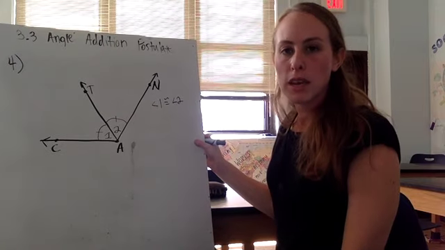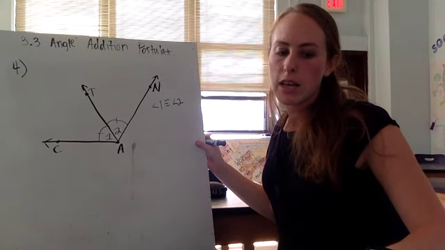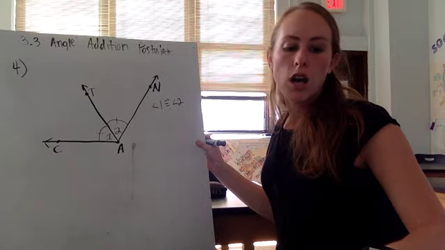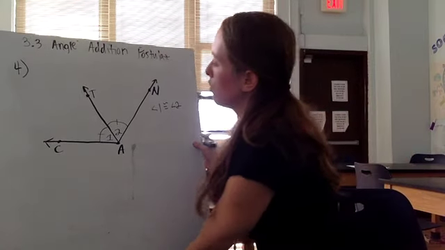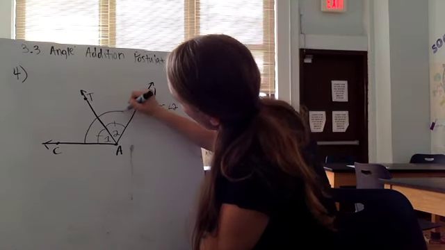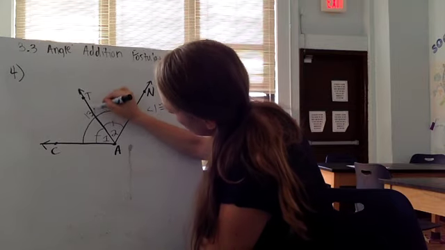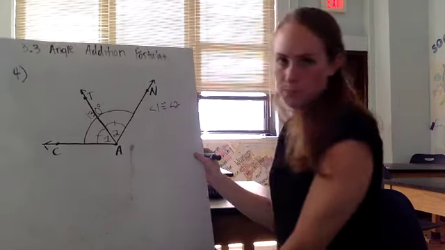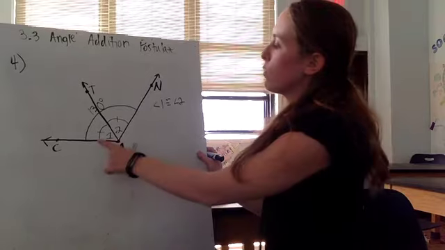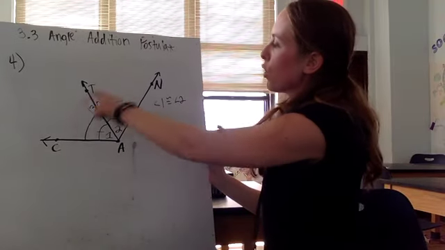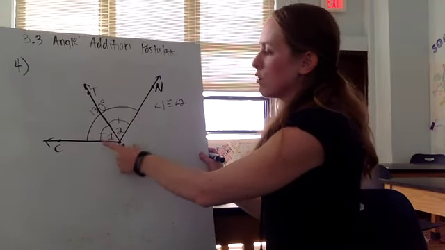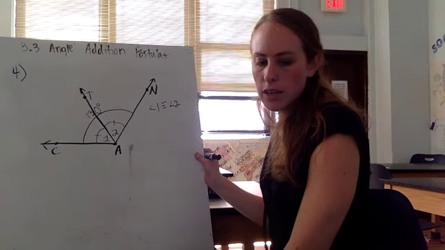Now they tell me something else in the directions. They also tell me that angle CAN is 130 degrees. So I also know that this whole angle is 130 degrees. They want me to figure out what 1 and 2 are. If the whole thing is 130, and each of those equal each other, how can I figure this out?